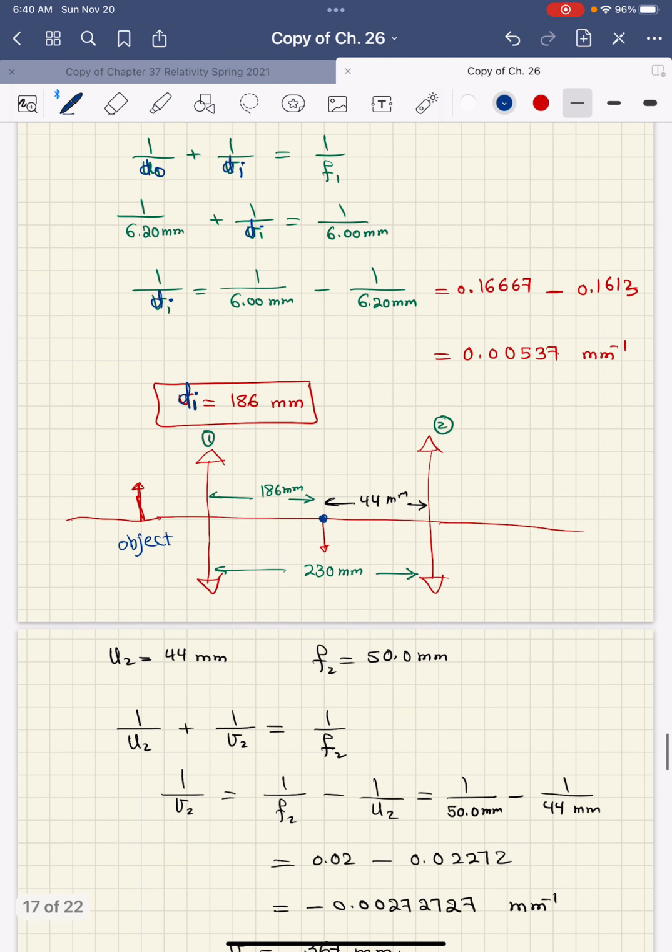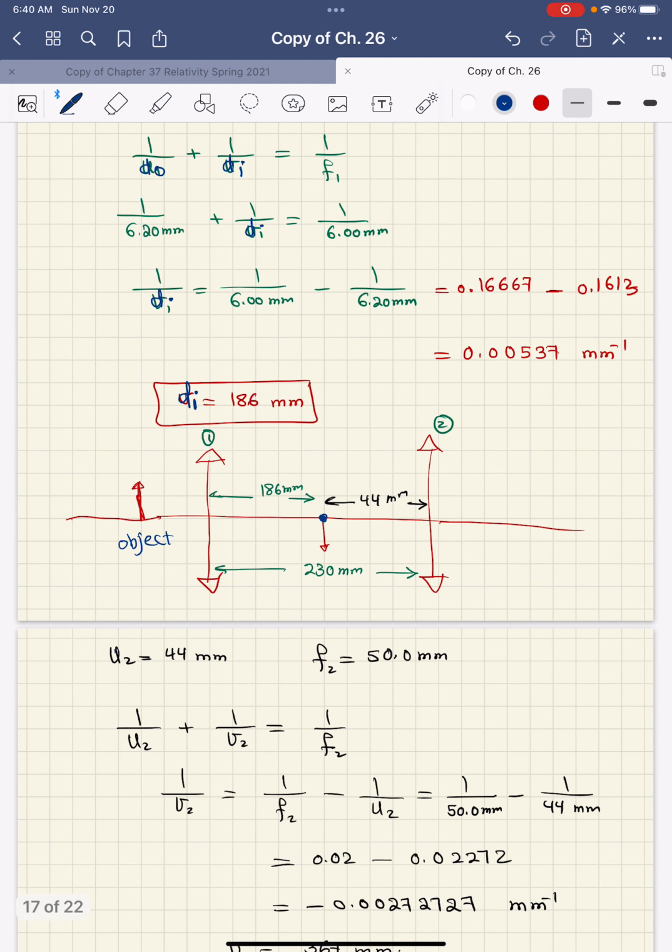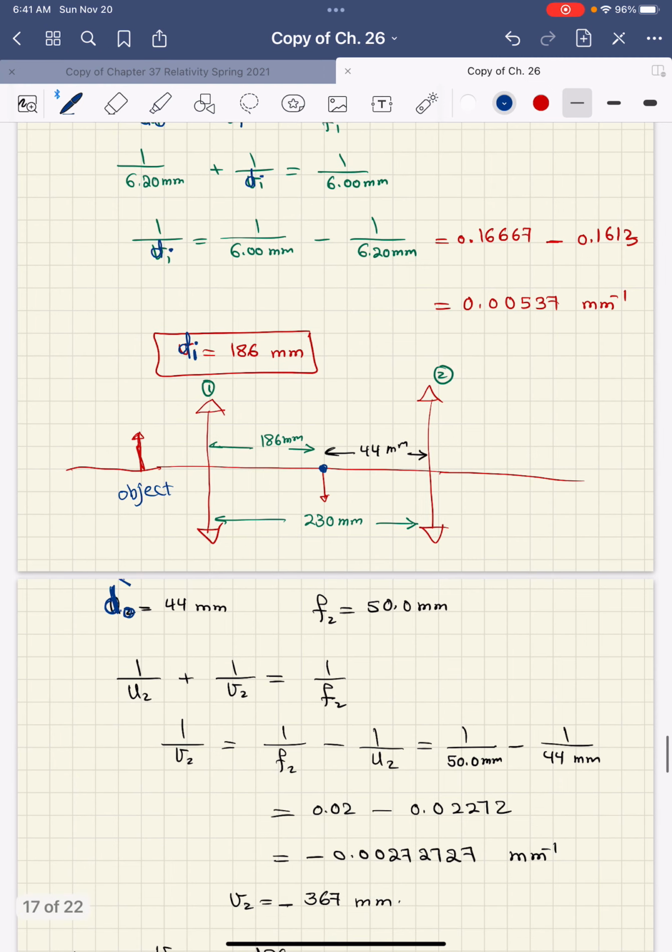Now, for the second one, I want to find the object distance. I'm going to give it a prime, and I know that it's going to be 230, the distance between the lenses, minus 186, and that is going to give you 44 millimeters.